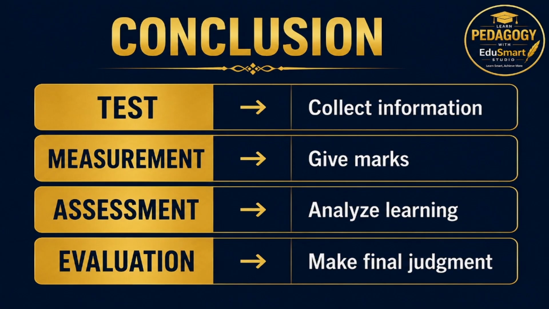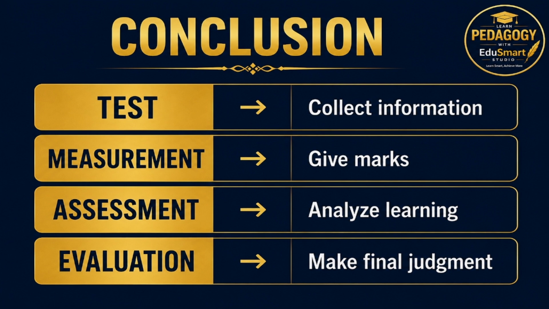Now let's quickly revise all four concepts once again. Test collects information about students' learning. For example, a teacher gives a quiz after teaching a lesson, that is a test. Measurement gives numerical scores or marks. For example, a student gets 18 out of 20 marks or 85%, that is measurement. And assessment identifies strengths and weaknesses.